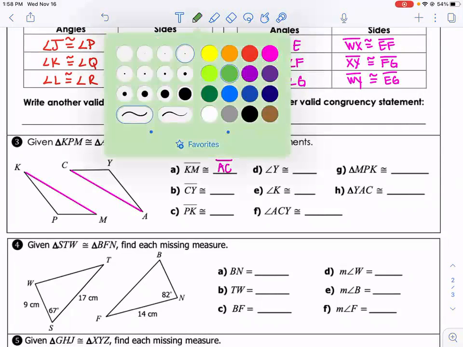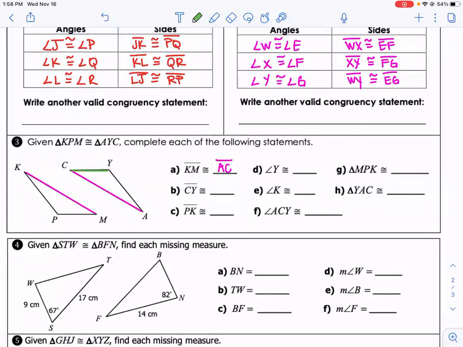And then CY is going to correspond with, it's obviously this side, but how would we say it? PK is congruent to what side? So P corresponds with Y and K corresponds with A.